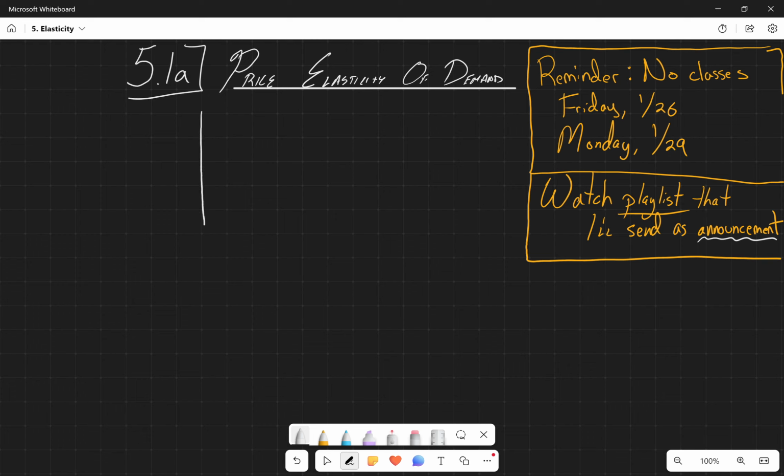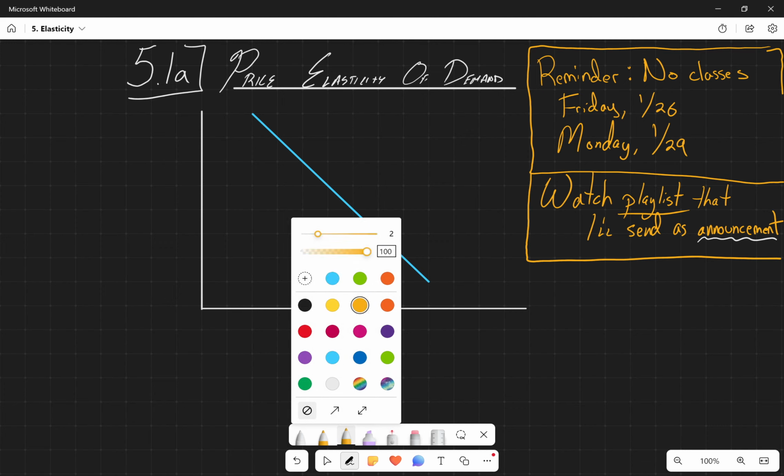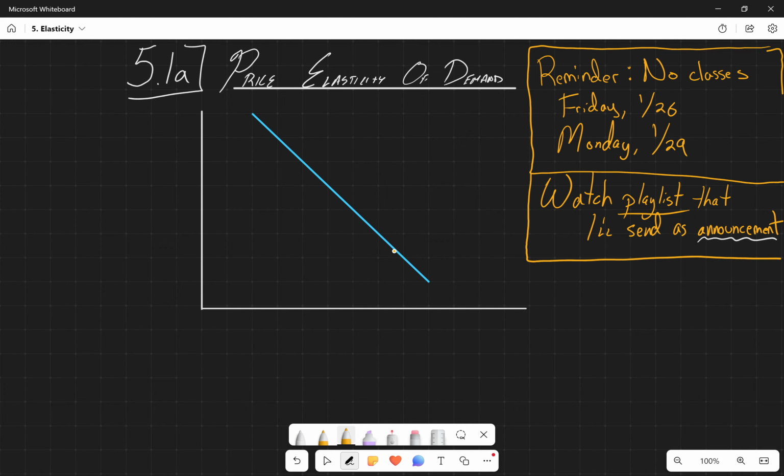When we're talking about demand, there are lots of different demand curve possibilities. For the most part, we usually graph things that have a standard slope of -1. But if we were to have a very steep slope, this would still be a demand curve.